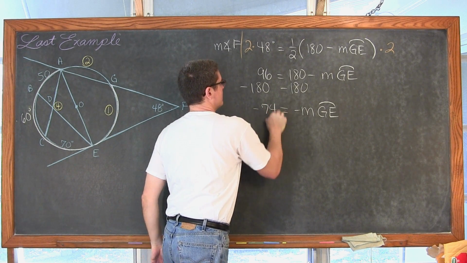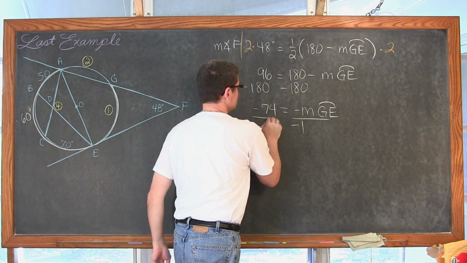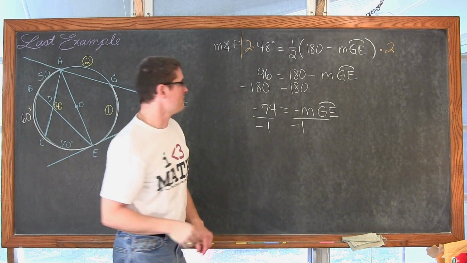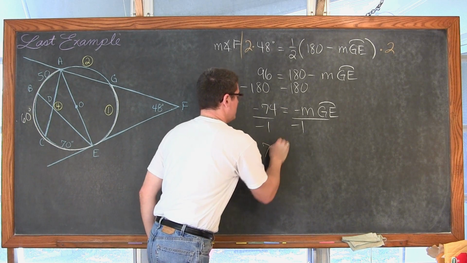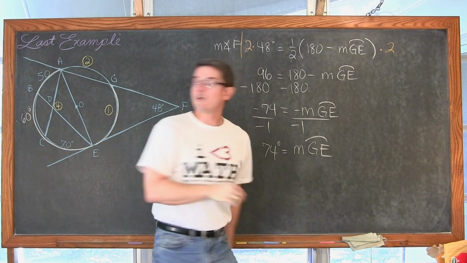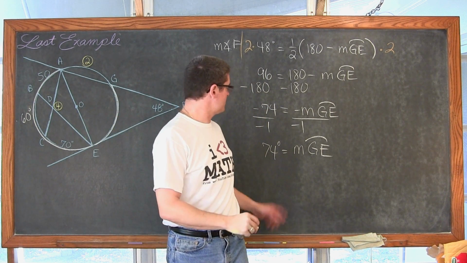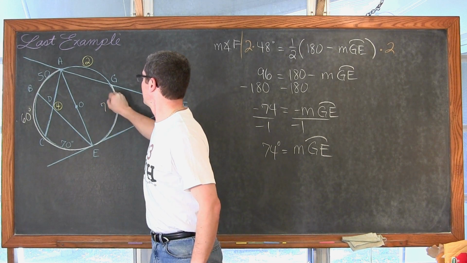And it'll be negative 74. Then we're going to divide both sides by -1 to get it away from the variable that we're looking for. And we get 74 degrees is equal to the measure of arc GE.